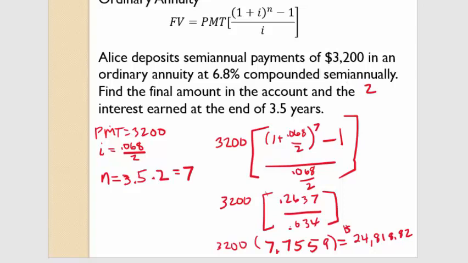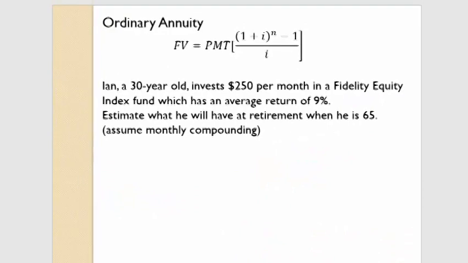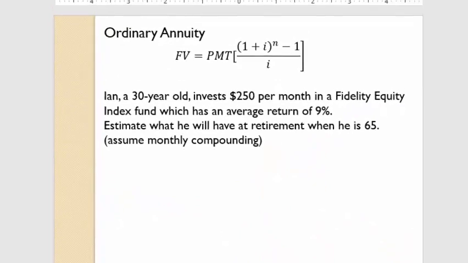Now if you come out with, say, 76 cents, it's going to be close enough. So just make sure that you keep as many decimals in your calculator as you can. But the answer here means that if you invest $3,200 every 6 months for 3.5 years, you're going to have $24,819.